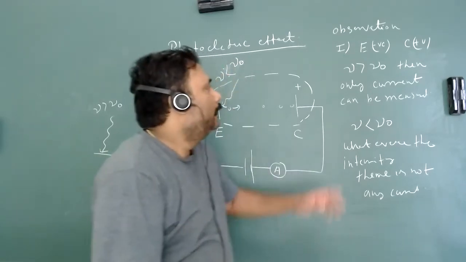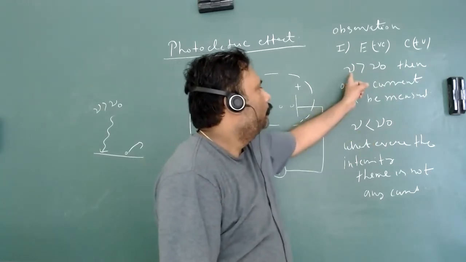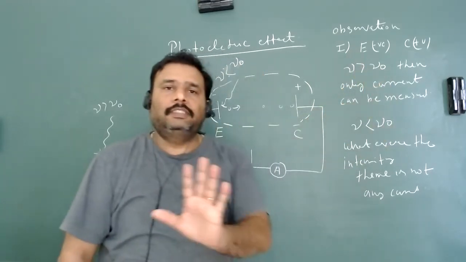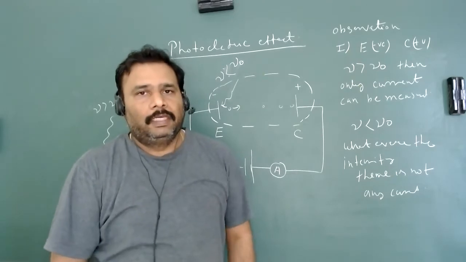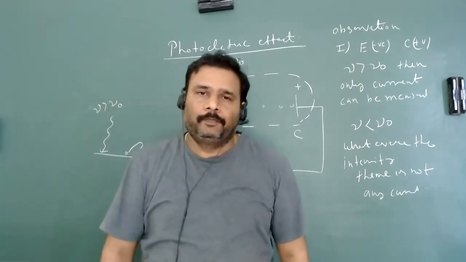So we find that current exists only for frequency greater than nu naught. This is the first observation in the photoelectric effect.